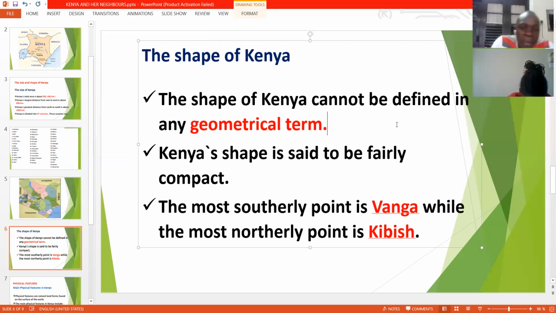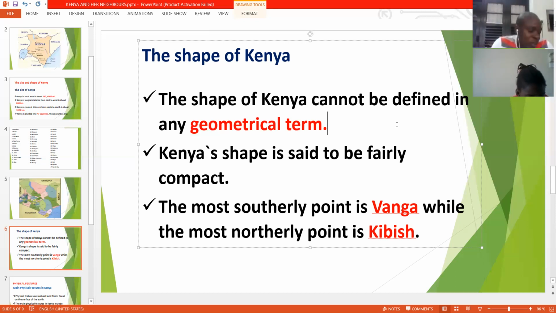Then when they talk about the most northerly point, I want you to look at your map where we have Turkana. Are you seeing Turkana? Yes. Just go to the northern part of Turkana County, the last point on the northern side, where a straight line is meeting with another line to make a corner there. Are you seeing that corner?